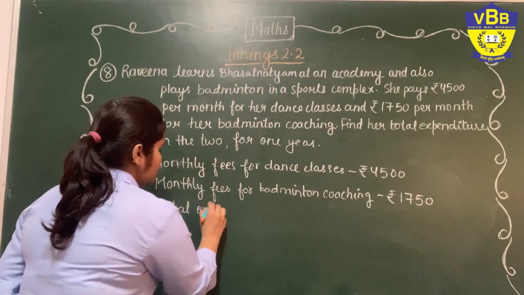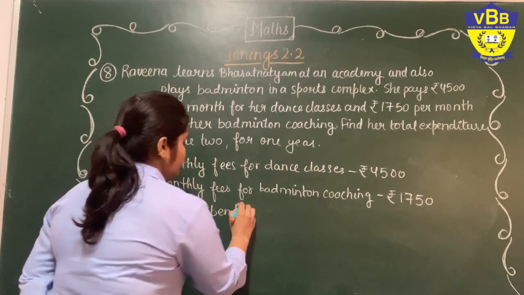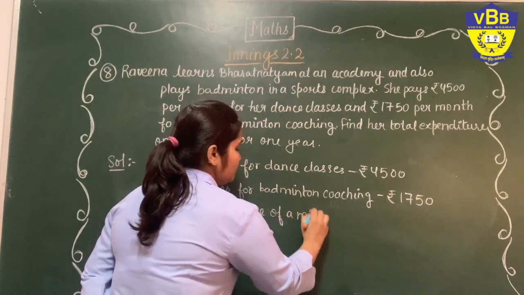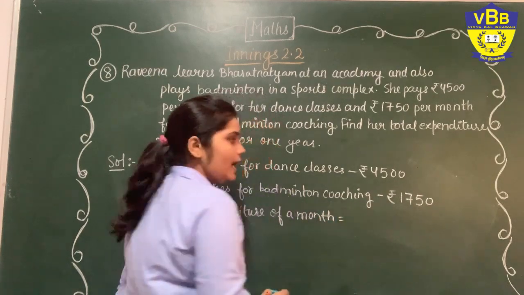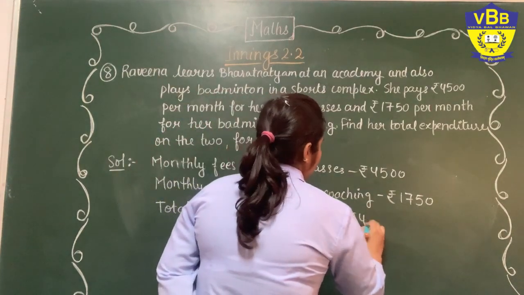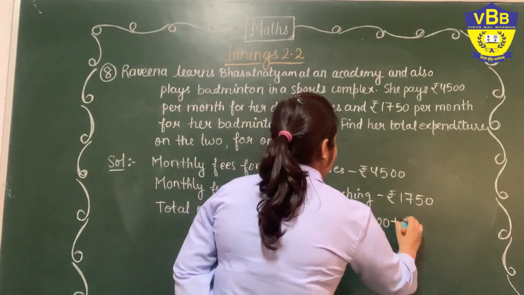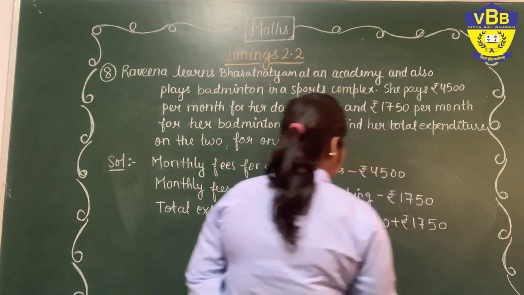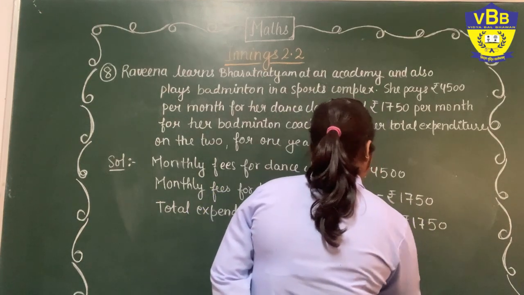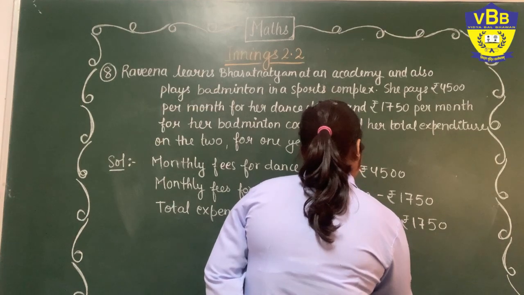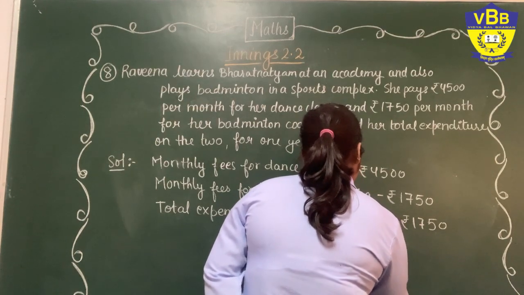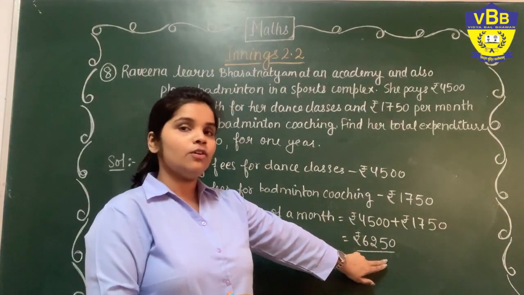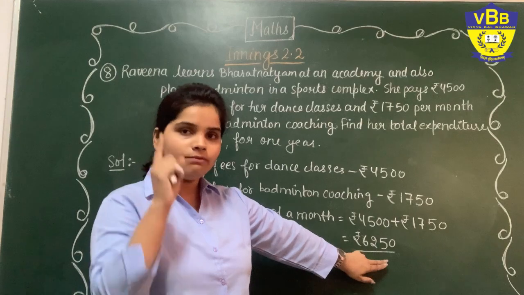Total expenditure of a month: add 4,500 and 1,750. Answer is 6,250 rupees. This much money she is paying for both the activities in 1 month.